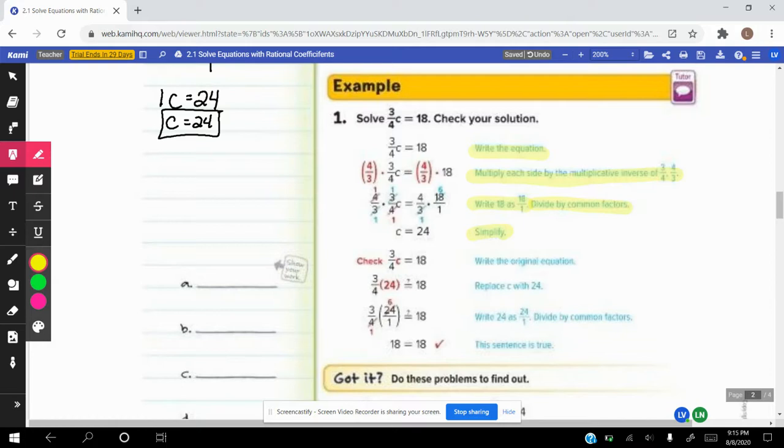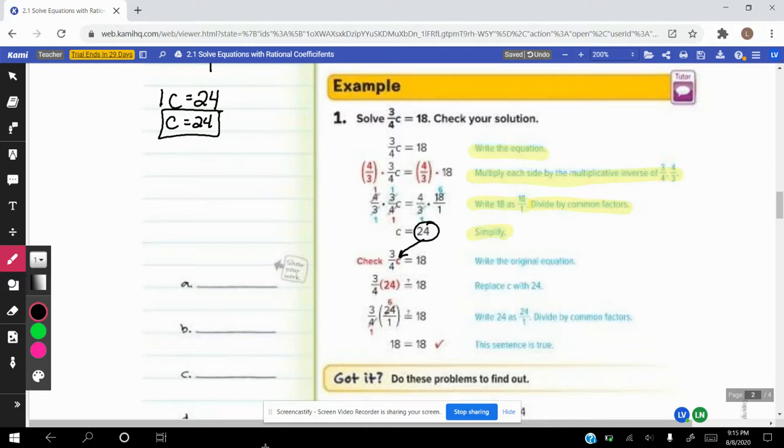Now, it's always good to go in and check your work, and that way you know whether or not you are correct. So if you have 3/4c equals 18, and instead of putting c, you plug in your answer of 24 into that value, you do 3/4 times 24 equals 18. You take 24 and put it over 1, just like you did up here.